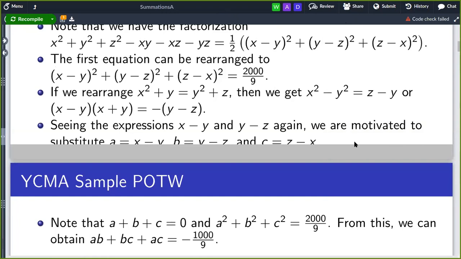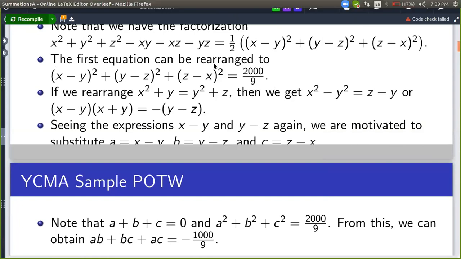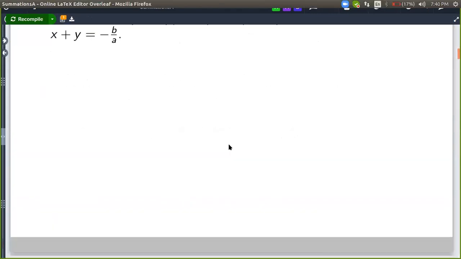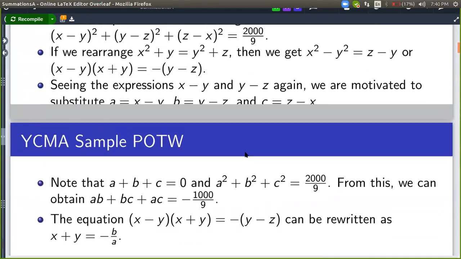So now it seems natural to go back to the second equation we had, (x minus y) times (x plus y) equals negative (y minus z), and try using our substitution there. If we do that, we can isolate x plus y, and so x plus y equals negative b over a.